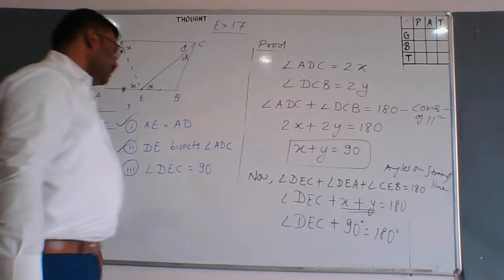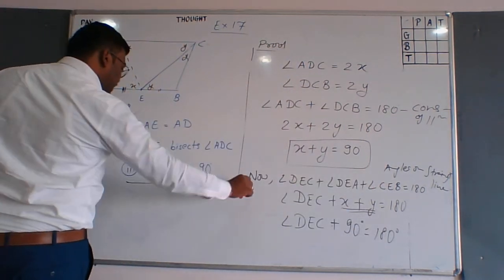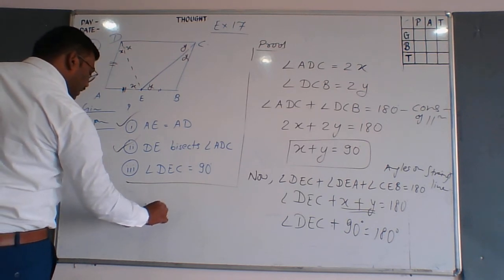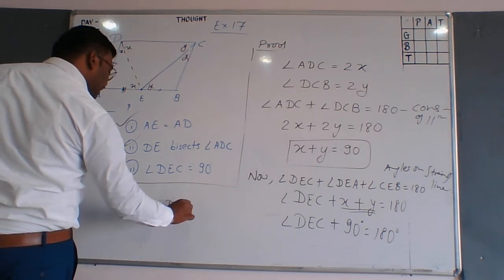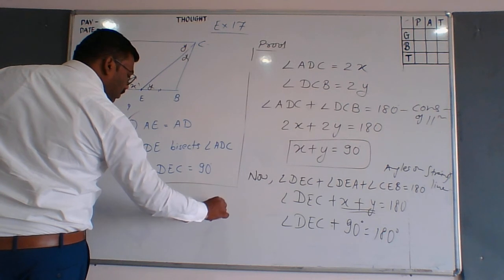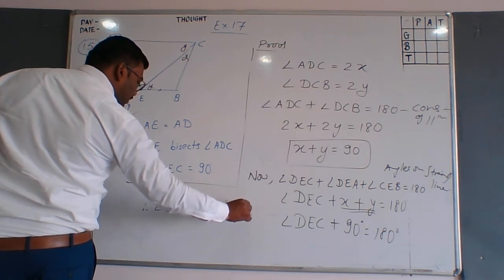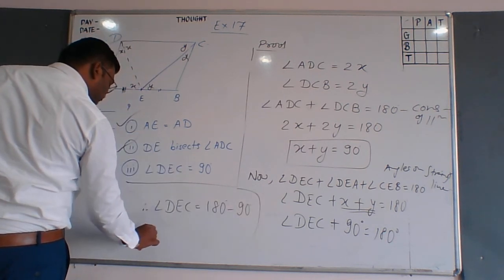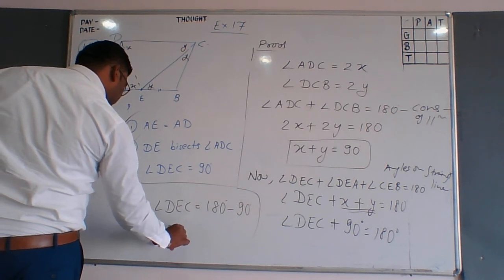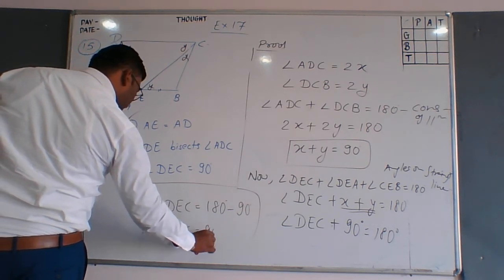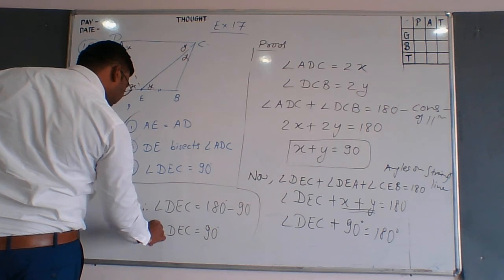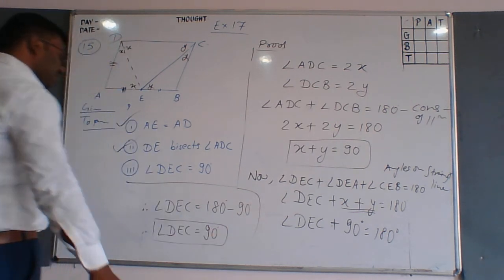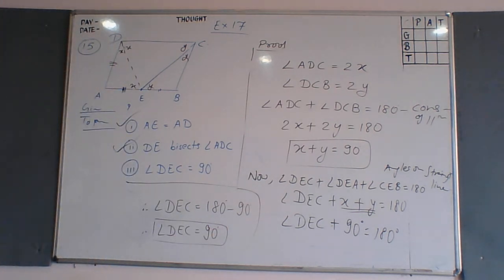Plus 90 going that side will become minus 90. At the end, angle DEC equals 180 minus 90, and 180 minus 90 will become 90 degrees. Got it? The third part is proved. Got it?